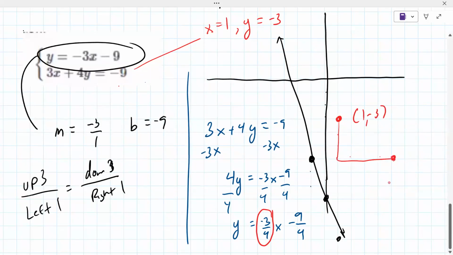So down 3, right 4. And I'm happy to look over your shoulder on that screen there if that would help to confirm these points.